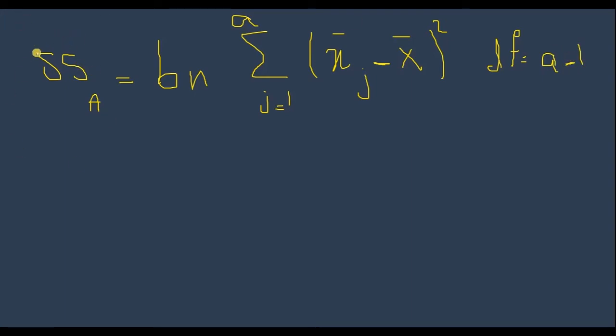Okay, so sum of squares for factor A is B. What is B? B is the number of levels for factor B.